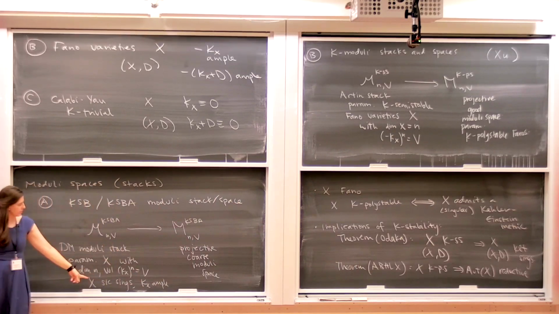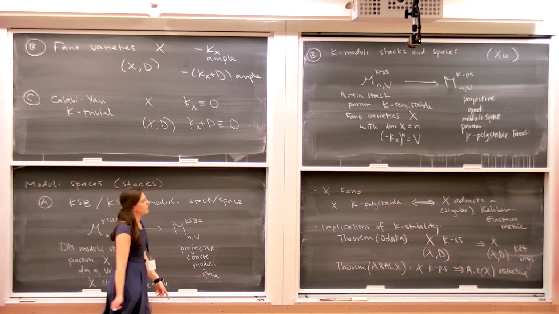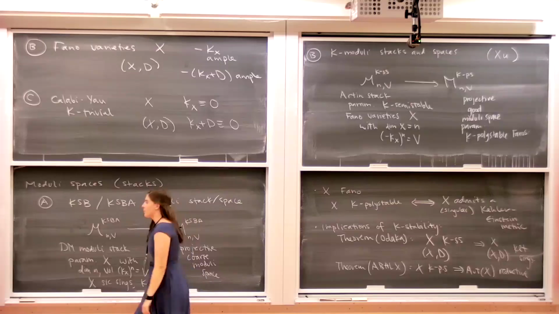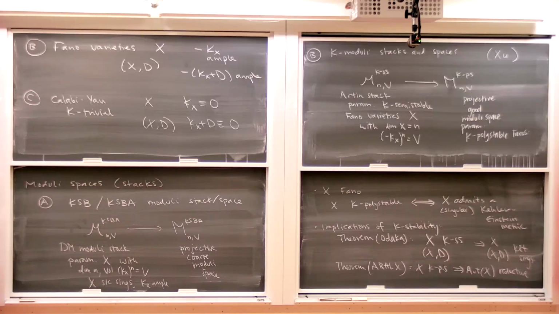Here the stability condition is SLC with ample canonical. Here the stability condition is whatever K-semistability is. Is there a notion of a moduli stack and a moduli space that will capture the picture for the Calabi-Yau case or the K-trivial case? And that's where the project started.